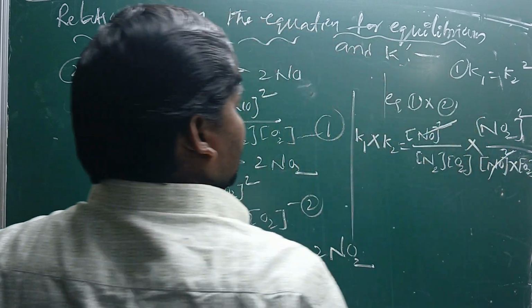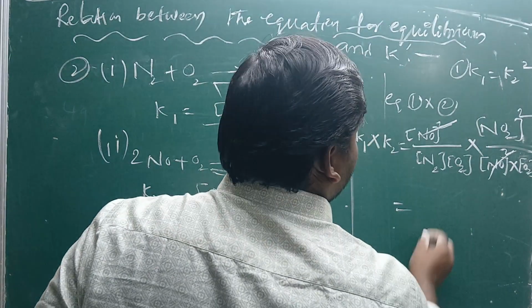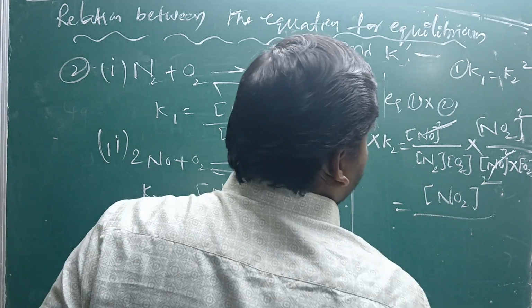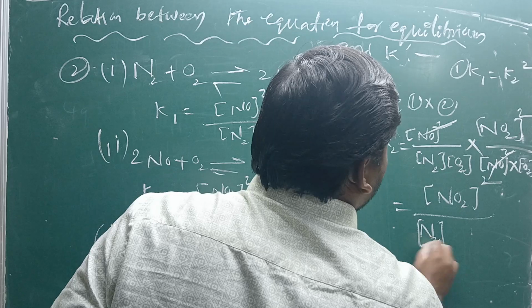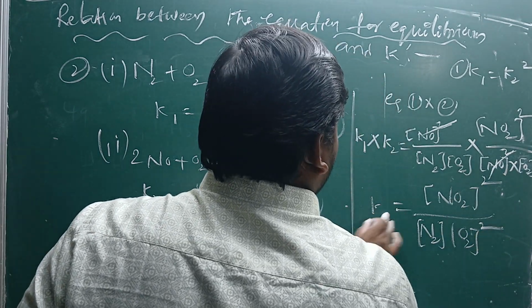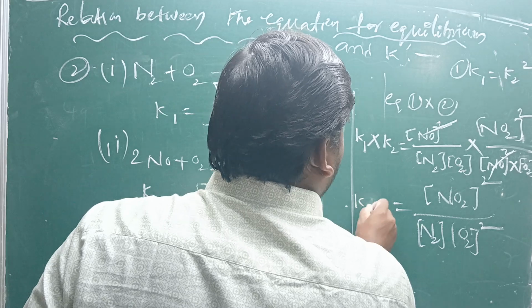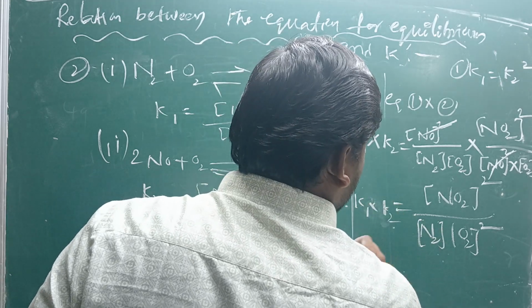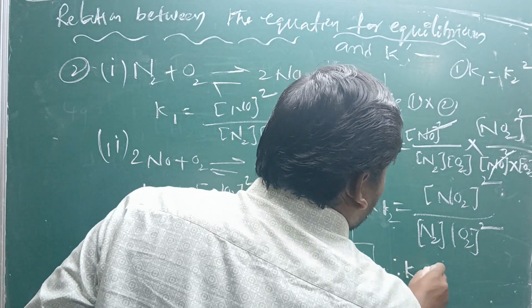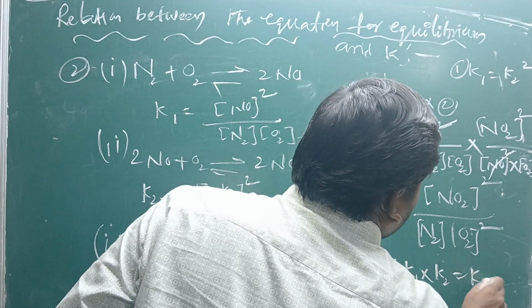Concentration of NO whole square gets cancelled. Then the resultant equation is concentration of NO2 whole square by concentration of N2 into concentration of O2 whole square. This is K1 K2, and this equation is the K3 value. Therefore K1 into K2 is equal to K3.